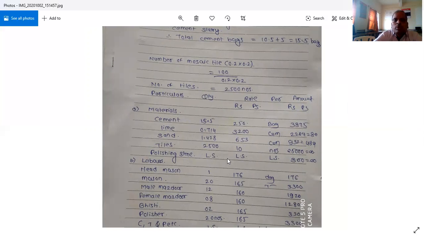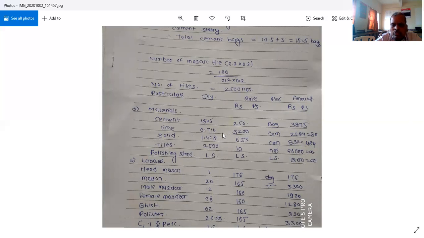After that, the number of tiles, the size of the tiles is 0.2 by 0.2 meter. So 100 divided by 0.2 by 0.2, that is 2500 tiles are required for 100 square meter flooring. Okay, so again the table you have to prepare. Cement required is 15.5, the rate is 250, it is 3875.